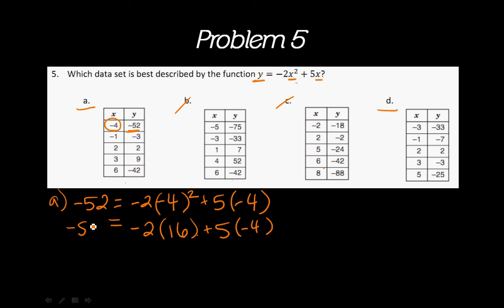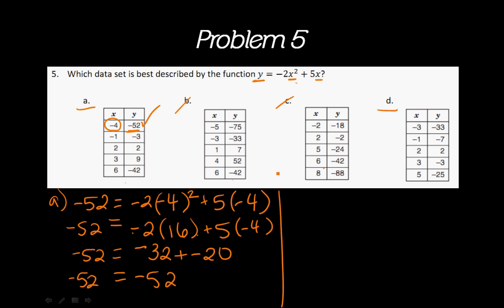And we just drop down that negative 52. And so now negative 2 times 16 is negative 32. And 5 times negative 4 is negative 20. And you see that, in fact, the right side comes out to negative 52, and the left side is also negative 52. So that first point works, even though it's not the right answer.